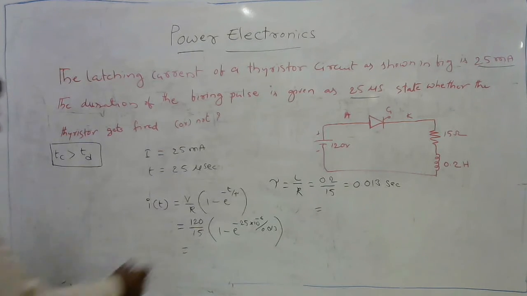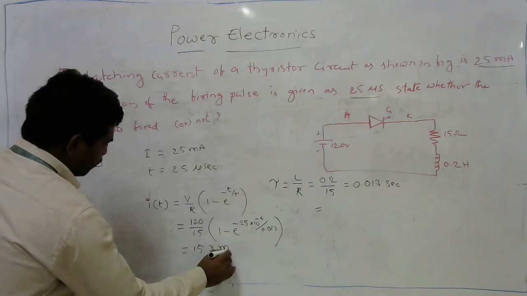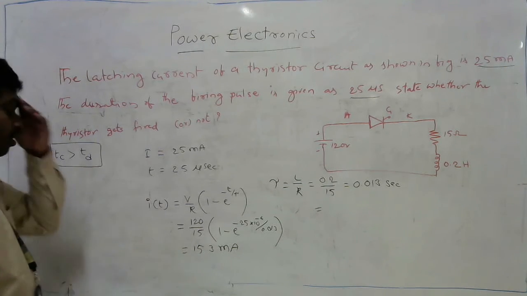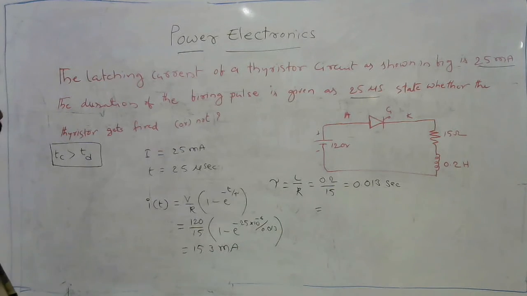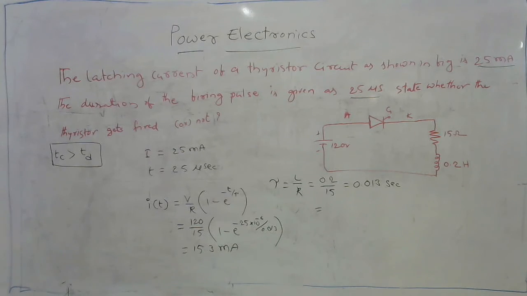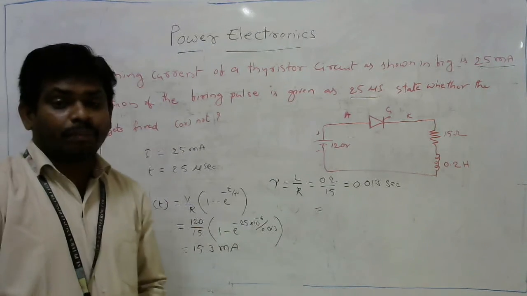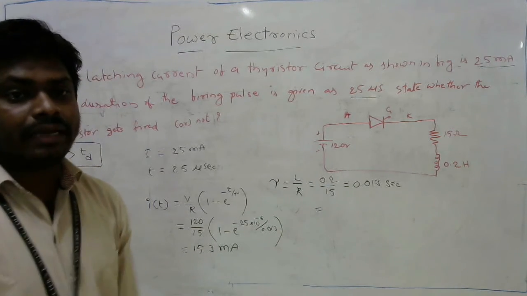When we calculate this all together, we got the value 15.3 milliampere. This is the anode current which is flowing through the SCR. But what about the latching current? Latching current is the minimum amount of current required by the SCR to maintain the SCR in its on condition even though the gate terminal is removed.